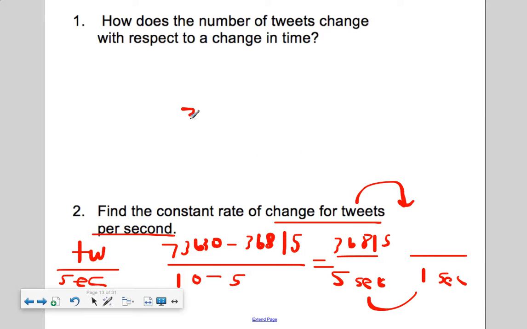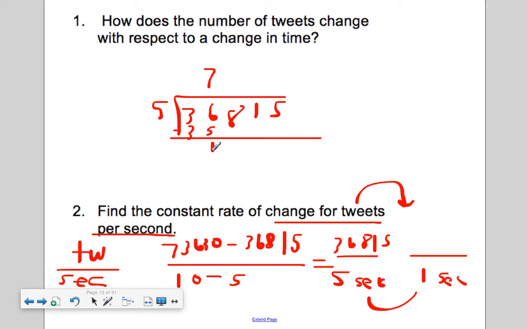So what is 36,815 divided by 5 seconds? Can 5 go in 36? 7 times. 36 minus 35 is 1. I bring down the 8. How many 5s go in 18? 3 times. 18 minus 15 is 3. I bring down the 1.